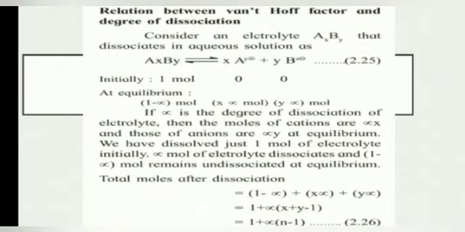Consider an electrolyte AxBy dissolved in a solvent, and it undergoes dissociation into x ions of A^y+ and y ions of B^z-. Now, if we take 1 mole of electrolyte, initially 1 mole of electrolyte will be present because there is no dissociation.